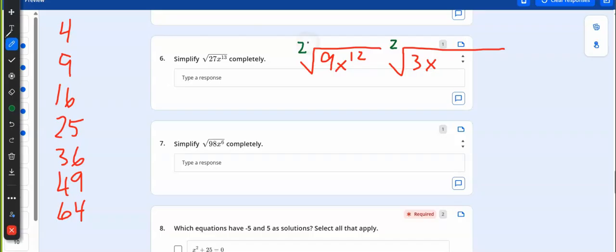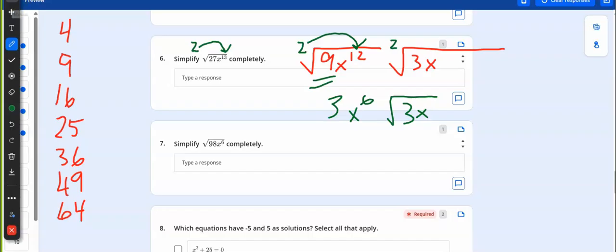And we want to know how many times that 2 goes into 13. Well, 2 goes into 12 nicely, but it has 1 left over. How many times does 2 go into 12? 6. What is the square root of 9? 3. So my final answer to this question is going to look like this.